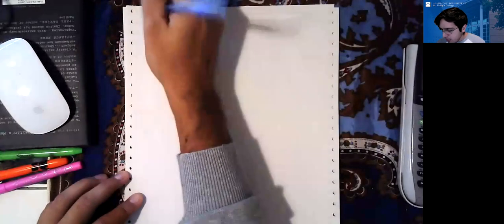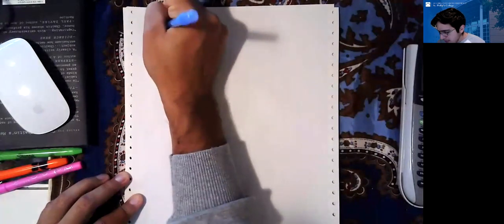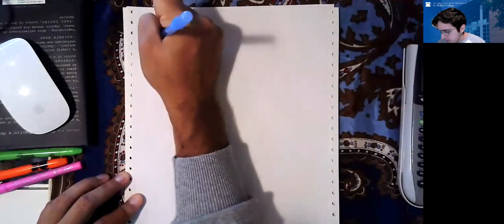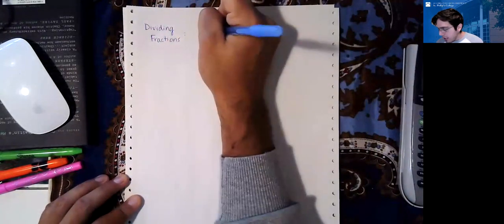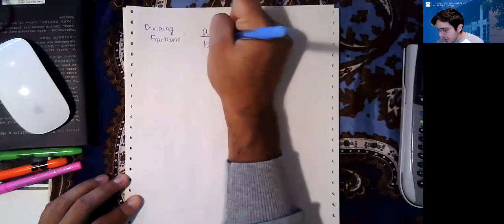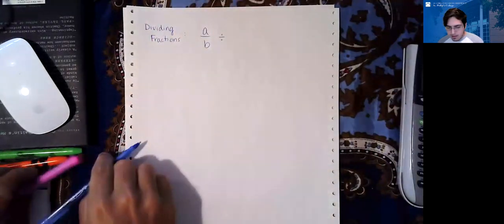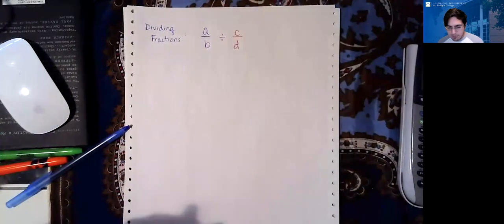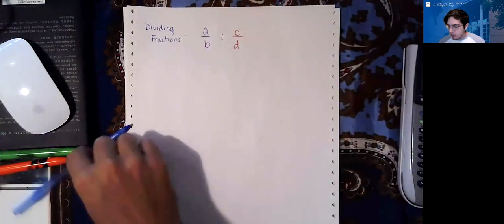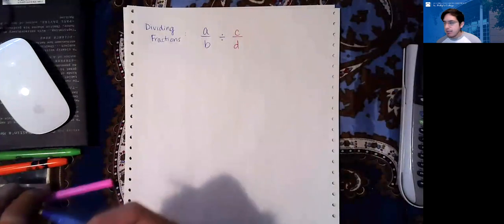So this is what we need to do when we're dividing fractions. If I have a fraction a over b and I'm dividing that by the fraction c over d, then what I need to do is rewrite this.